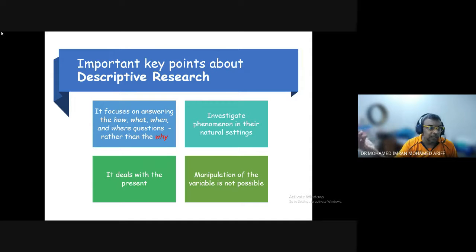We want to prove which of these three variables is the best, or whether the combination of all three is the best. That is the meaning of manipulation. But in descriptive research, we cannot do that. We can only highlight how long you exercise in a month, in a day, in a week. That's all.